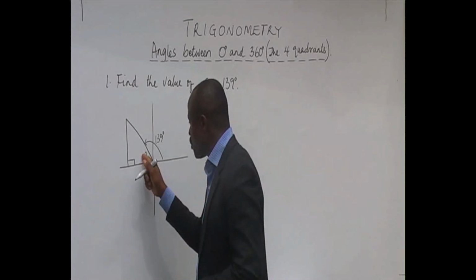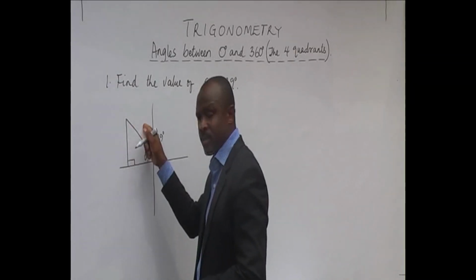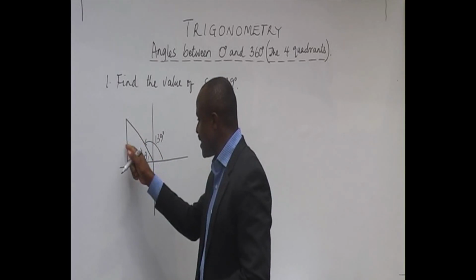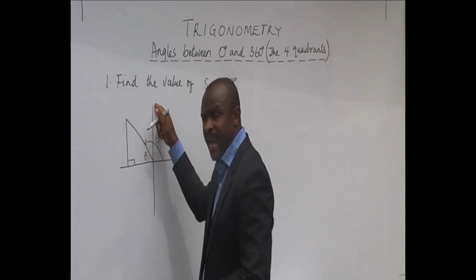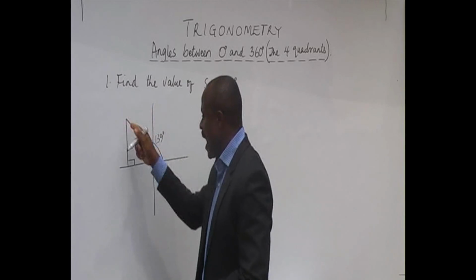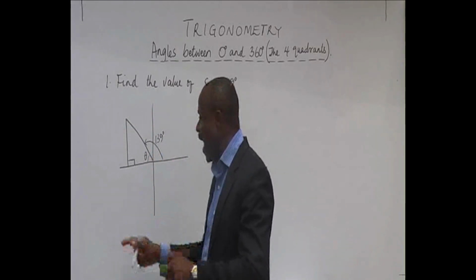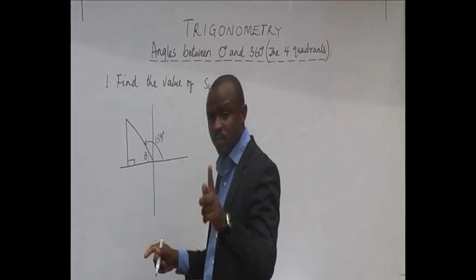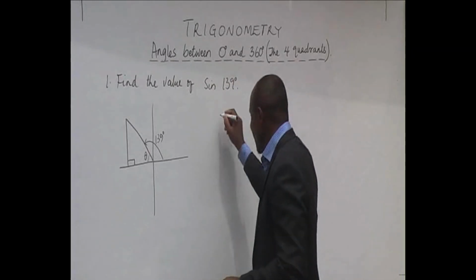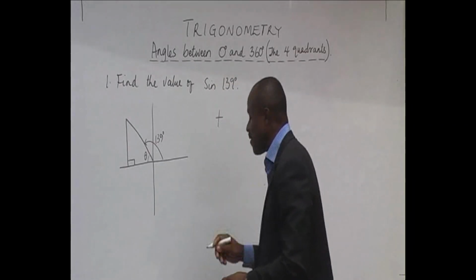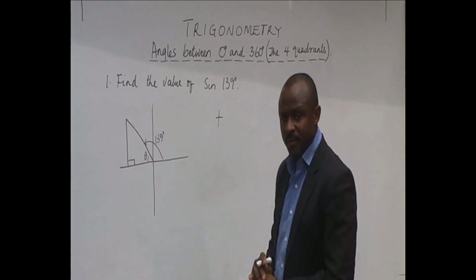Sine of this angle is going to be opposite over hypotenuse. Opposite is representing the positive side of the y-axis. Hypotenuse is always positive. So we have positive divided by positive, which is positive. That means whatever value we have for sine is positive.